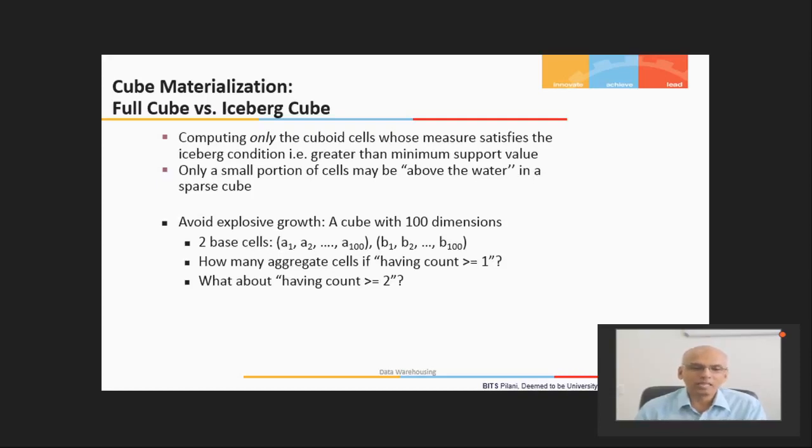If they sell one item in a year at one particular place, they don't want to bother too much, because they may still facilitate the sale, but they don't want to analyze that much further. So if you want to materialize the cube, you do it only based on the support. Unless there is a certain value in that cuboid, you don't want to consider the calculation.